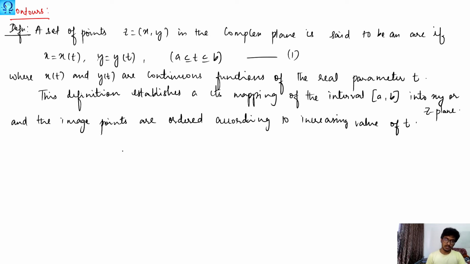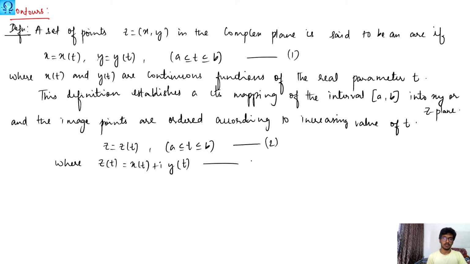So we shall write z as z(t) with t lying between a and b, and we mark this as equation 2, where z(t) is x(t) plus i times y(t).